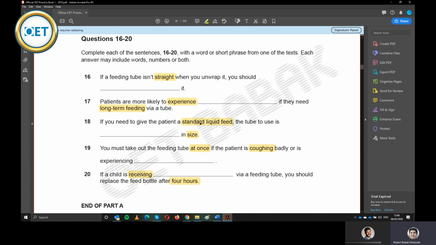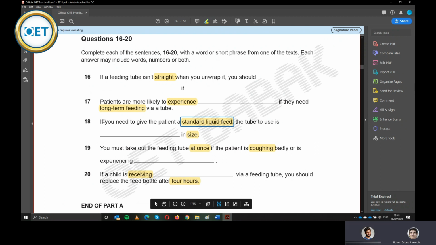So that's for a standard liquid. I said finer, but no, we shouldn't say that because it is not in the text. So the tube to use is 6 FR in size. If coughing or breathlessness, or is experiencing breathlessness. If a child is receiving expressed breast milk via a feeding tube, you should replace it every 4 hours.